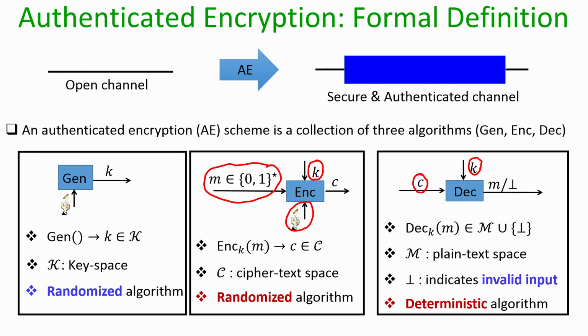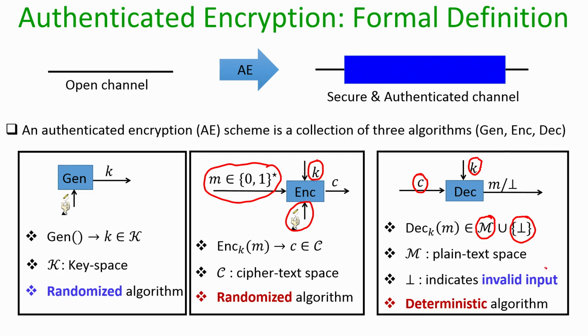But when we come to the authenticated encryption scheme, the output of the decryption algorithm could either belong to the plain text space, or it could be a special symbol which we call bot, which means an invalid input. And the decryption algorithm has to be a deterministic algorithm to ensure that the decryption is unambiguous.